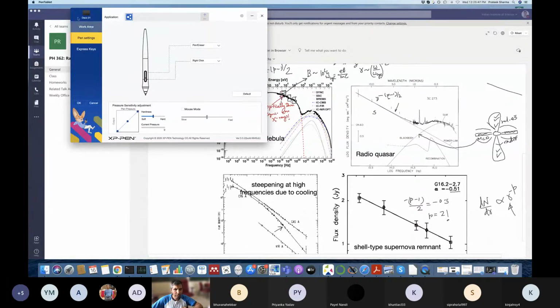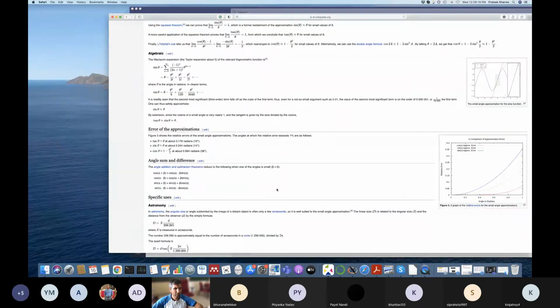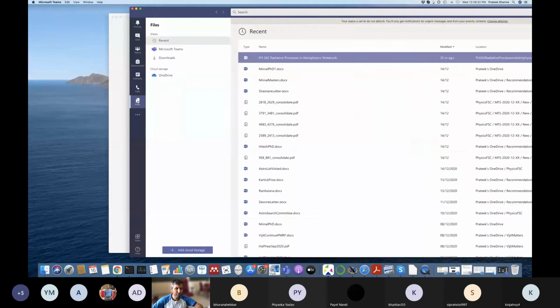Okay, let me see what I can do. Let me try to open Whiteboard or some other app and see if this works there.